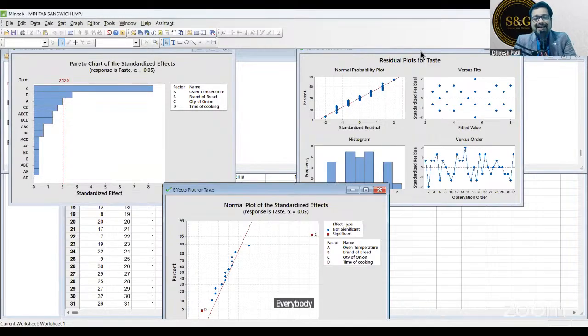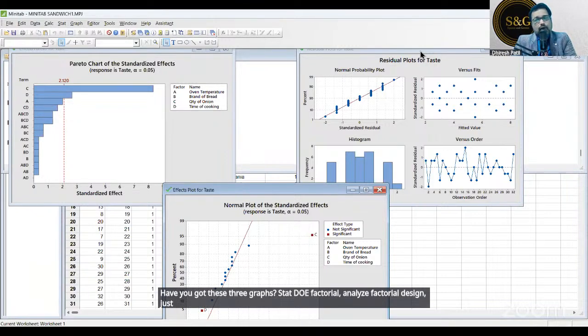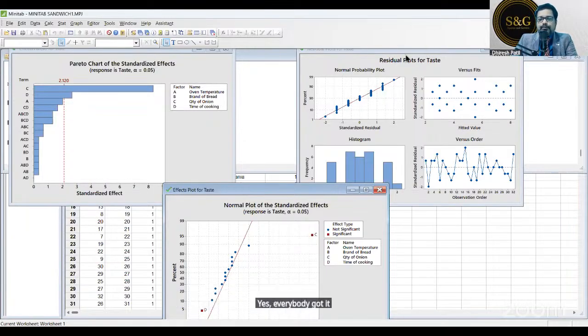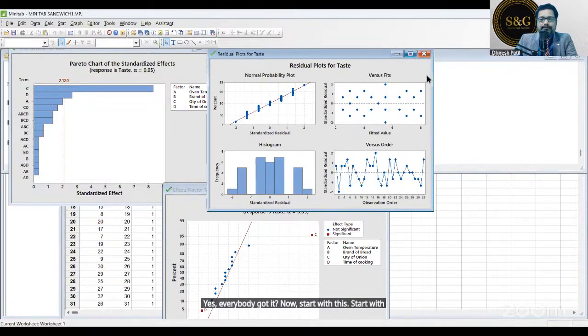Everybody got these three graphs in front of you? Just give me yes in the chat box. Stat, DOE, Factorial, Analyze Factorial Design. Just select Test and click on OK. That's it. Everybody got it? Now start with the residual plot.